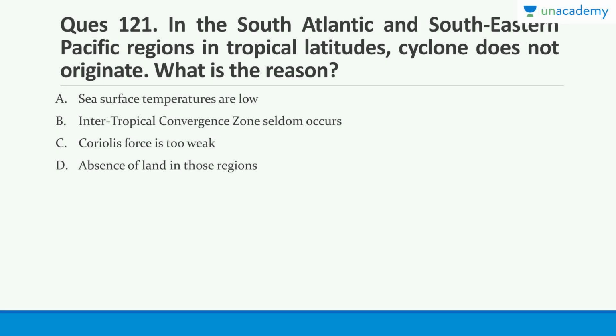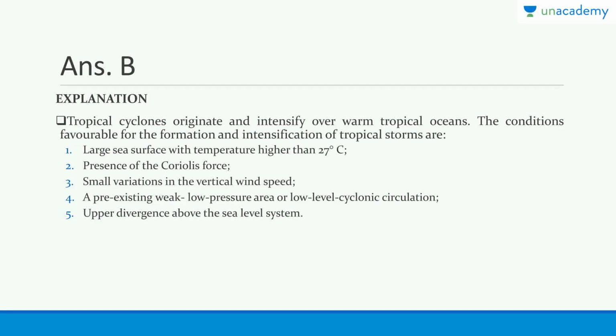Question number 121. In the South Atlantic and Southeastern Pacific regions in tropical latitude, cyclones do not originate. What is the main reason for that? Cyclones here do not originate because intertropical convergence zones seldom occur here. Answer is B. Tropical cyclones originate and intensify over warm tropical oceans, and these are the 5 conditions favorable for the formation and intensification of tropical storms.